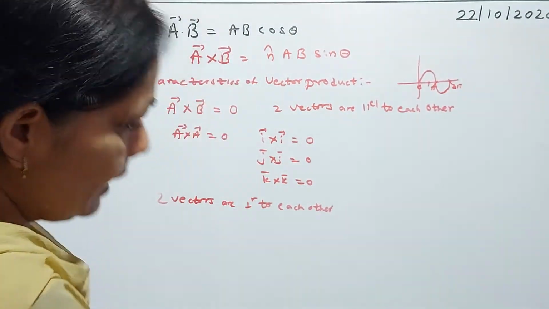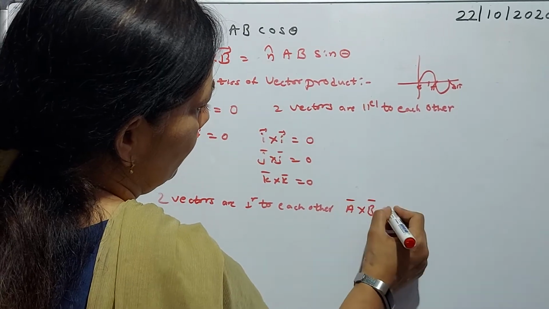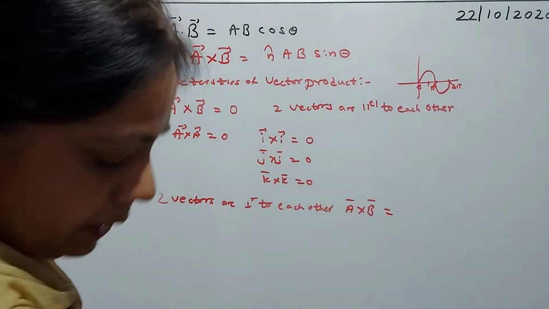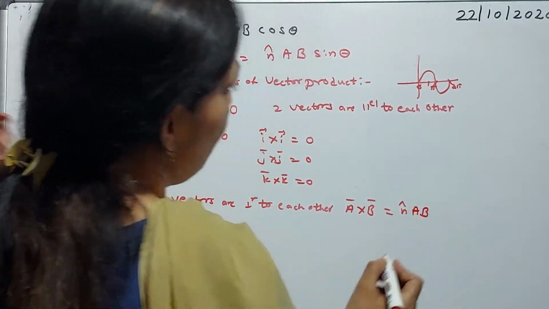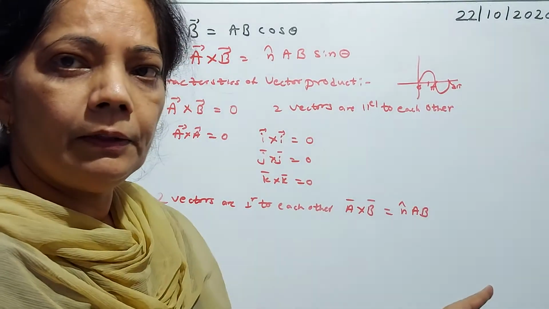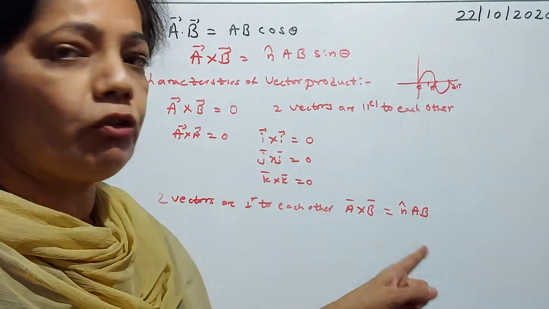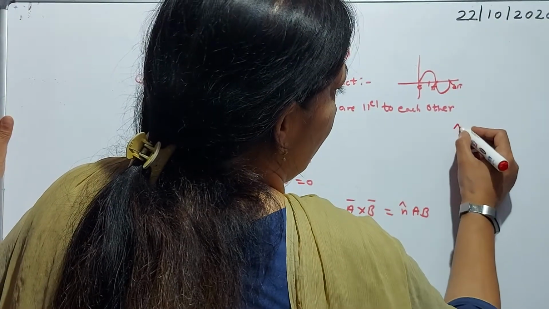So at that time, what will I say? A cross B, correct? That time A cross B will be n cap AB. Why? Because sine 90 will be 1. So n cap AB, where n cap is the unit vector along this direction, as I mentioned earlier.